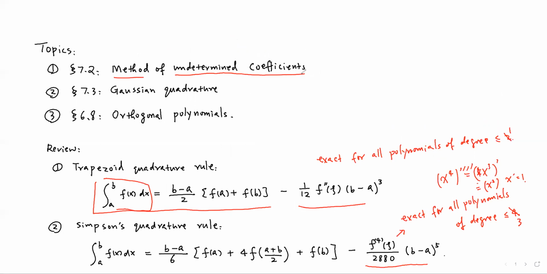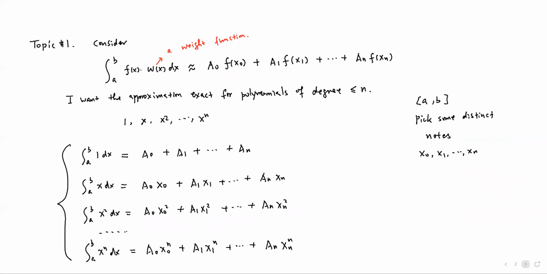Okay. Now, the second topic. Let's turn to section 3, Gaussian quadrature, a popular method. In section 2, for this quadrature rule, we first took the nodes.